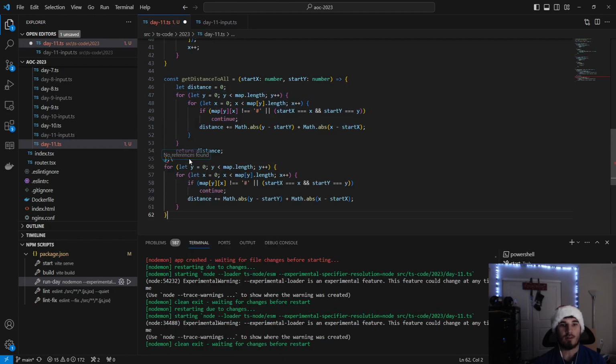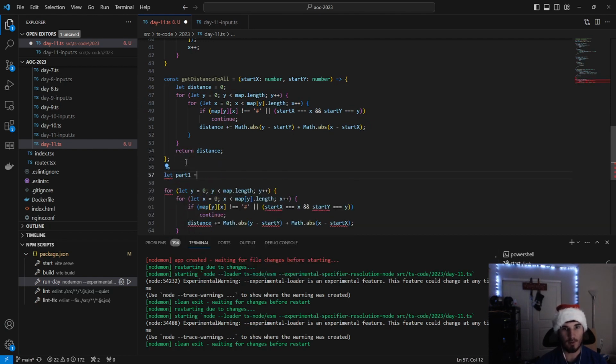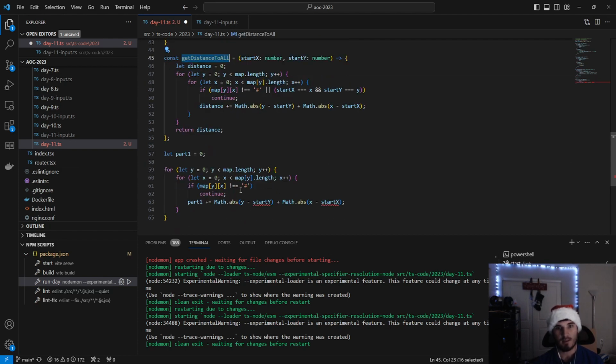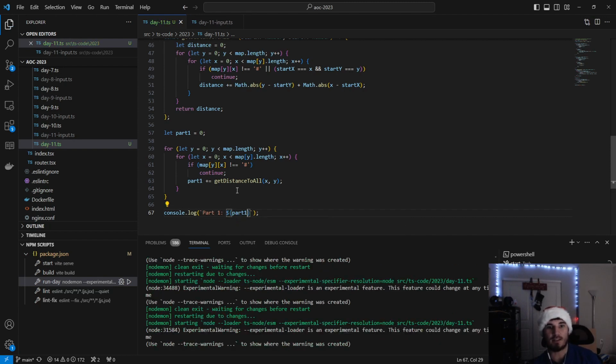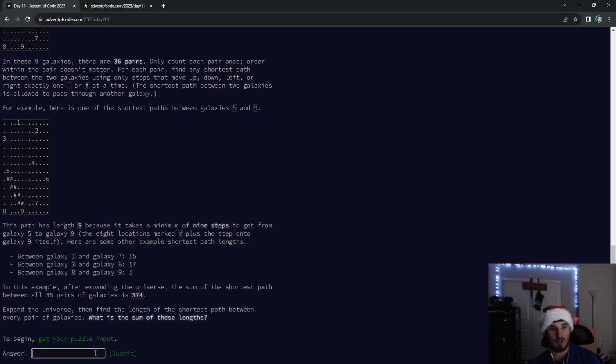And now what we can do is let part 1 equal 0. Part 1 plus equals get distance to all, passing in x and y, and console log part 1. No shot that this is going to be right, but try for the one shot.